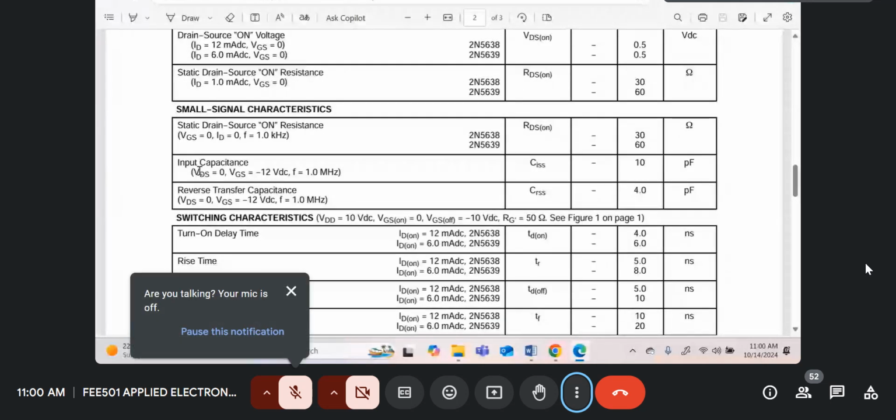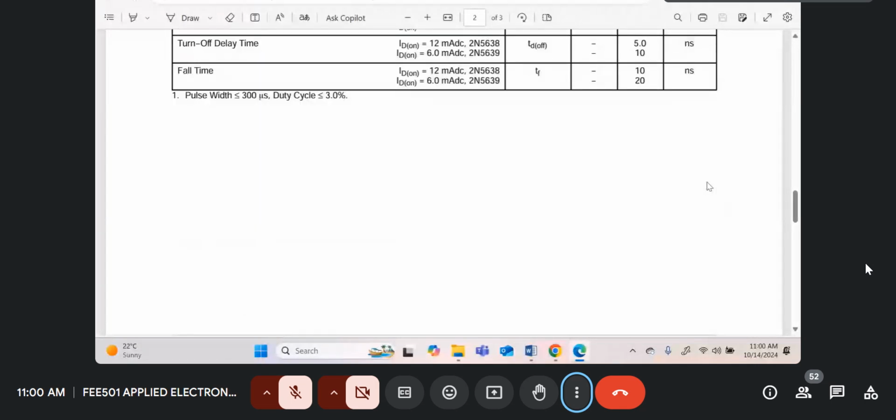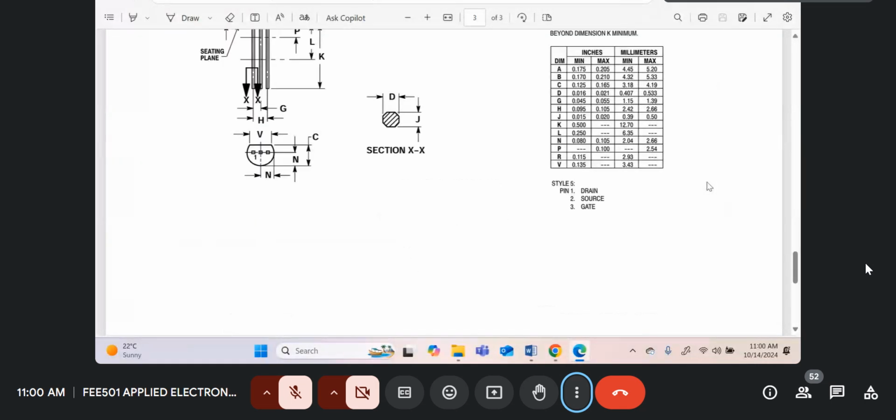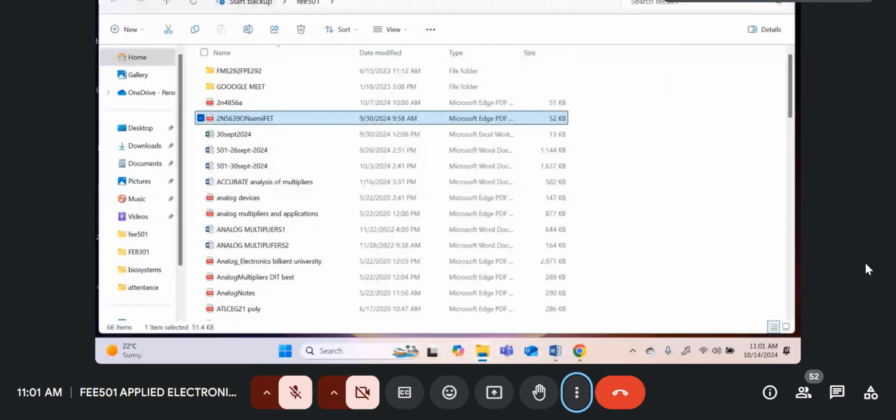So even this one, the capacitance is 10 picofarads. They've not given us another capacitance. You know, these capacitances typically are quite small. So let's go back to our notes.